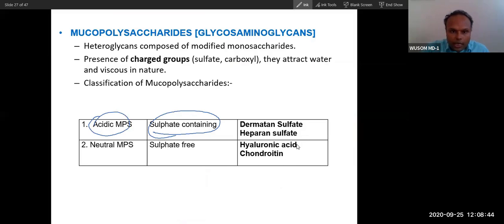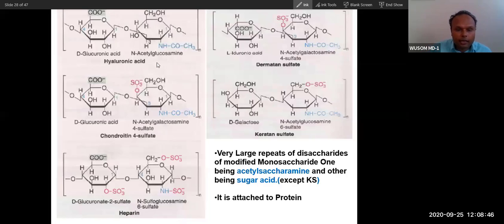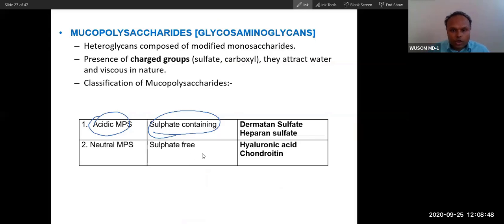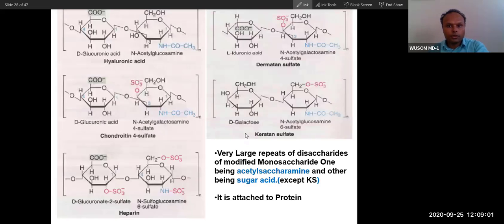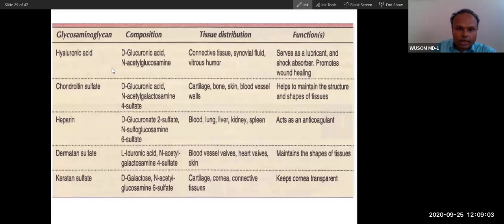Hyaluronic acid does not have sulfate. Dermatan sulfate and heparin sulfate have sulfate. We will talk more about these two. So you can see the general distribution, but we are focused on dermatan sulfate and heparin sulfate.